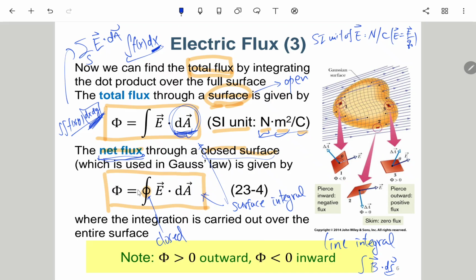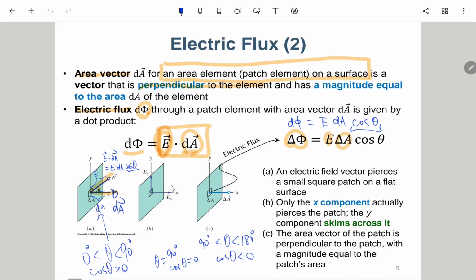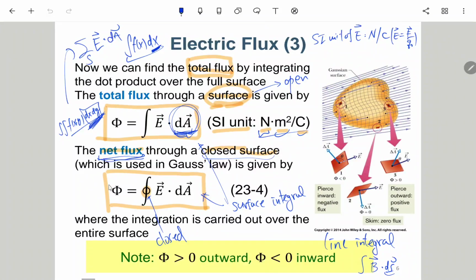So when you just look at this symbol, it is quite horrible, but actually you can just consider that we have a surface, or maybe a closed surface, and we need to calculate its net flux. We separate it into many small elements, just like what we drew on this figure. After cutting it into many small elements, each element you can consider as a plane, and all of them have an area vector.